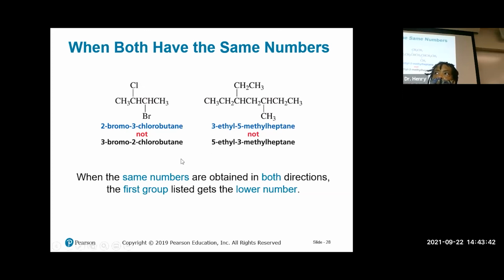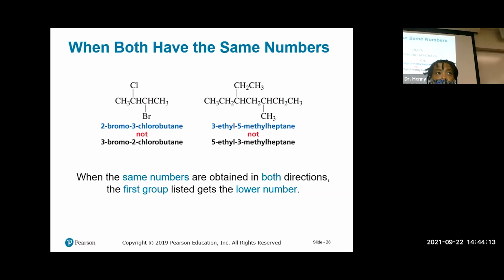So for instance here, this guy is 1, 2, and this guy is 1, 2. So this would be exactly the same thing. In terms of priority, it's going to go by the alphabet in this case. B, because even though you would assume that chlorine is more important than bromine because it's down on the periodic table, it's alphabetical.